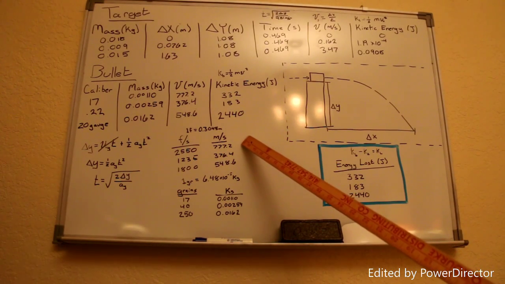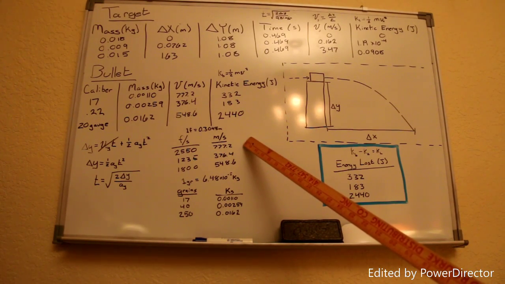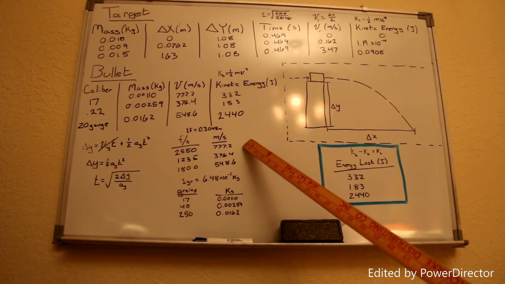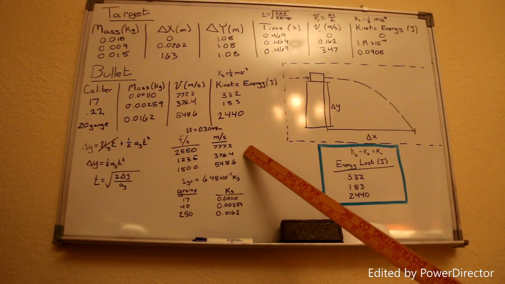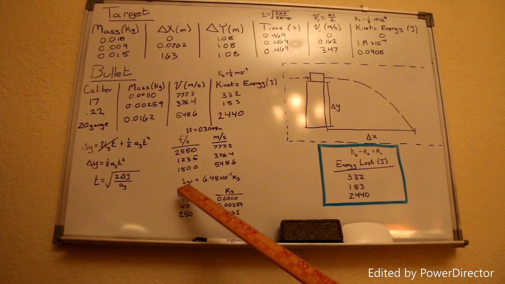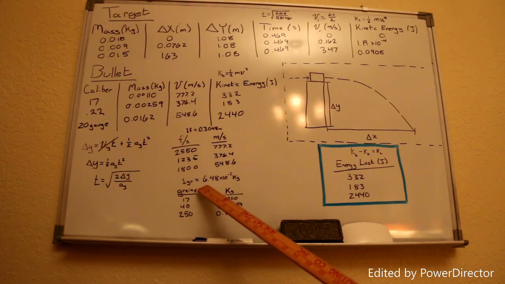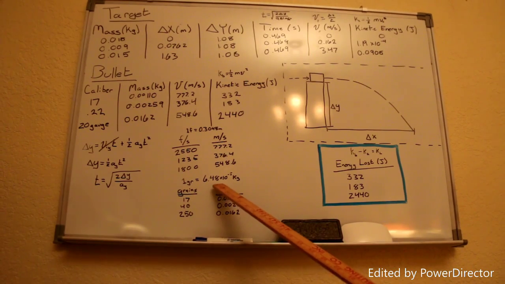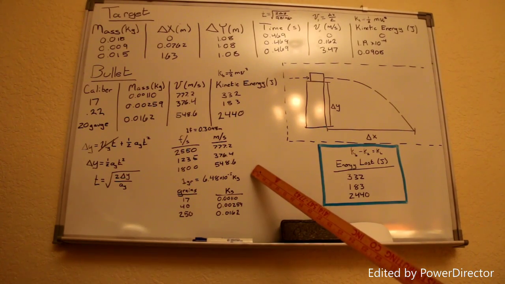Therefore, 2,550 feet per second is equal to 777.2 meters per second. 1,235 feet per second is equal to 376.4 meters per second, and 1,800 feet per second is equal to 548.6 meters per second. Then we found 1 grain is equal to 6.48 times 10 to the negative fifth kilograms.